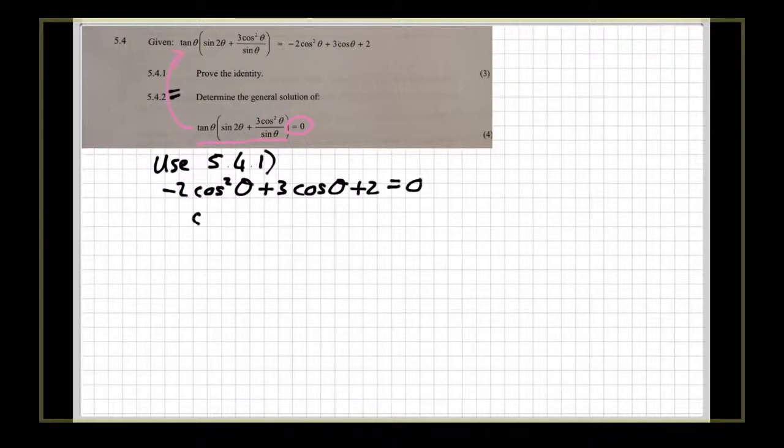So in other words, let's just divide by negative, so I've got 2 cos squared theta minus 3 cos theta minus 2 equal to 0.